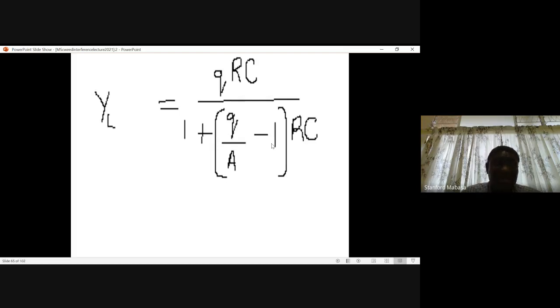And the equation now is yield loss becomes Q, which is the slope, times relative cover, all divided by 1 plus Q, which is the slope over maximum yield loss, minus 1, everything in brackets, multiplied by relative cover. That sort of equation will give you the yield loss.